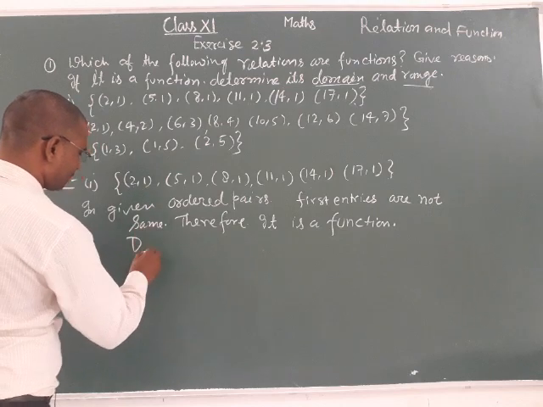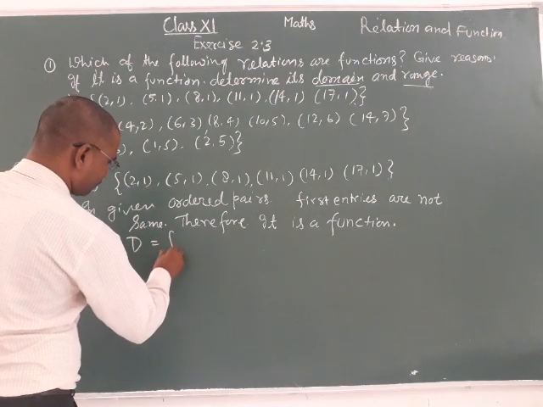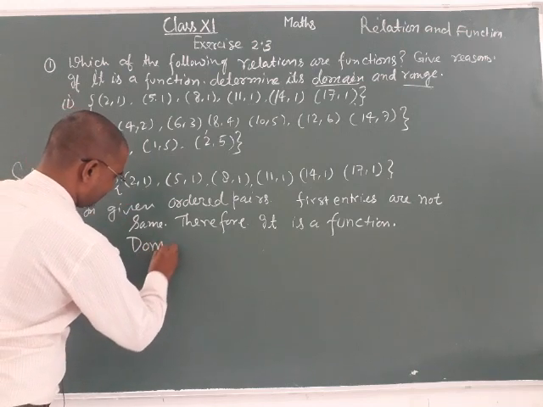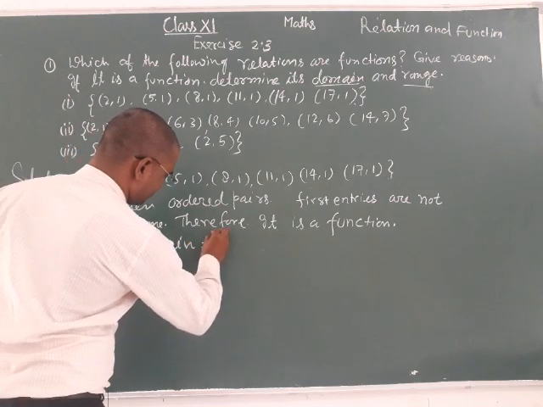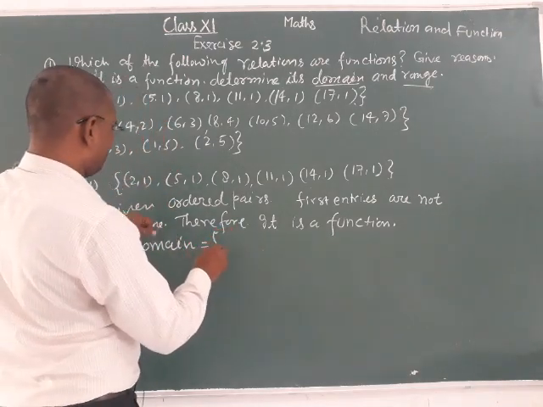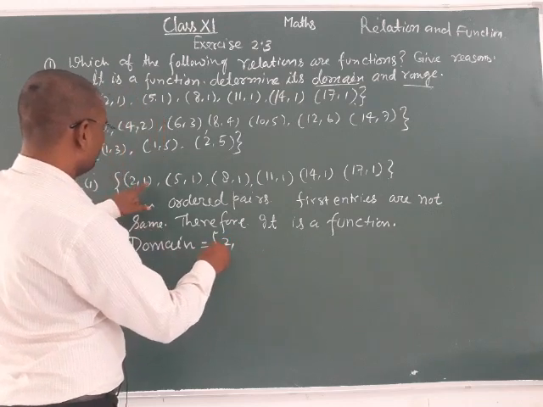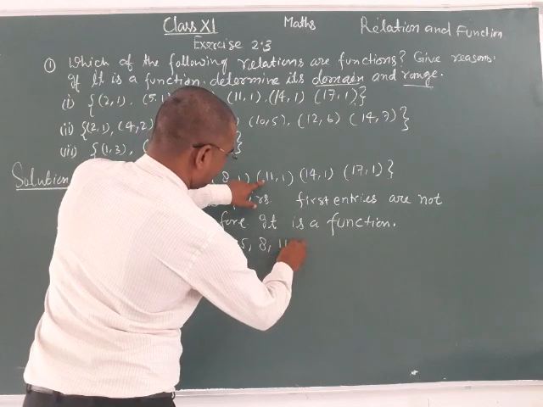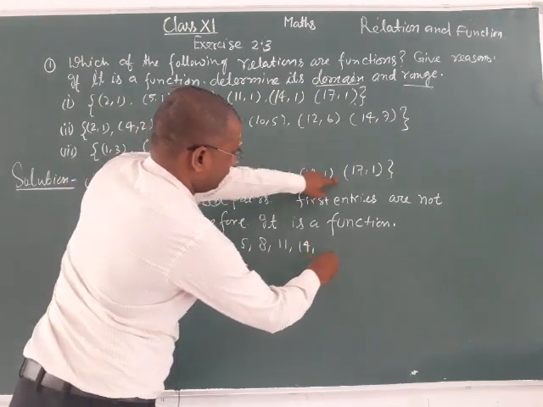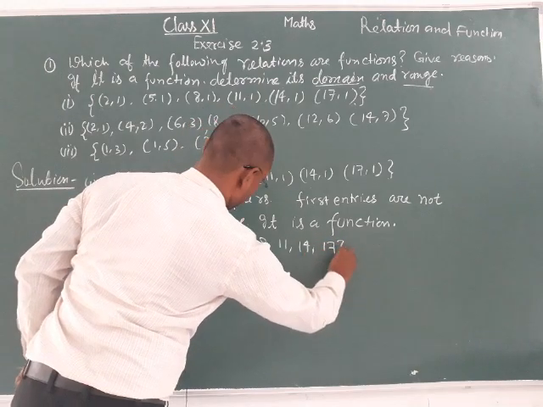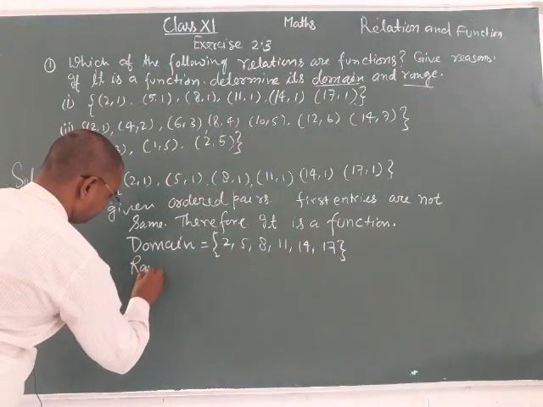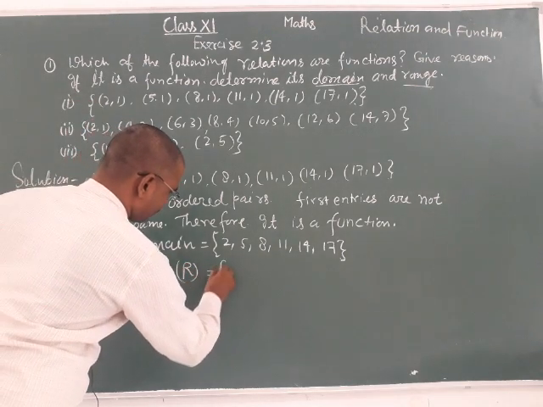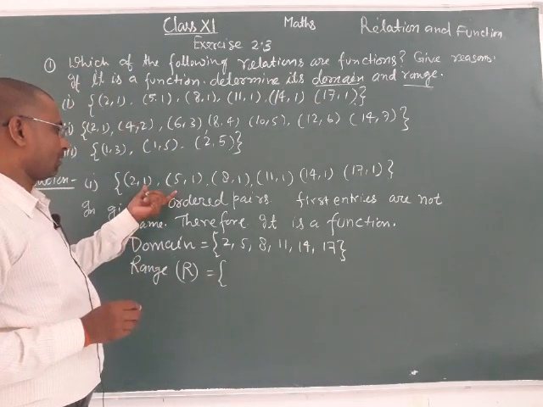Domain is equal to the first entries: 2, 5, 8, 11, 14, 17, and range is equal to the second component, or second entry.